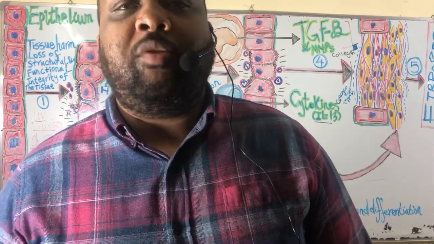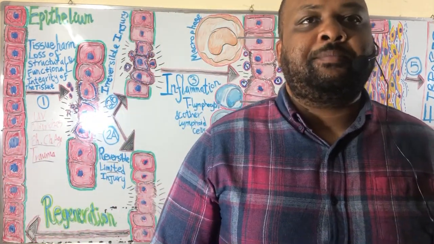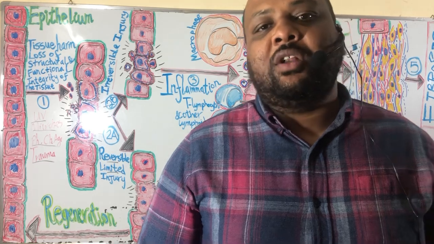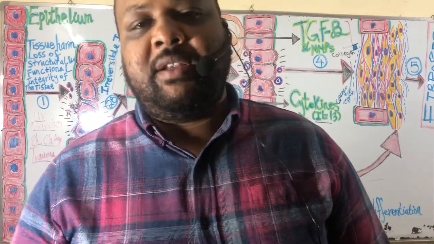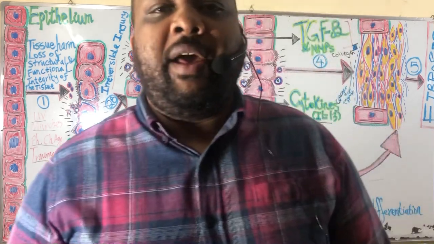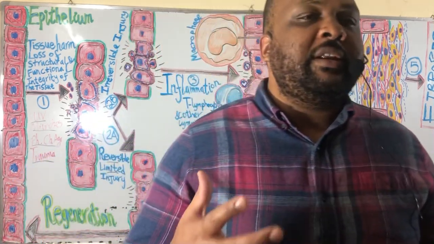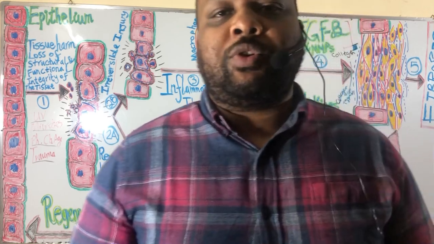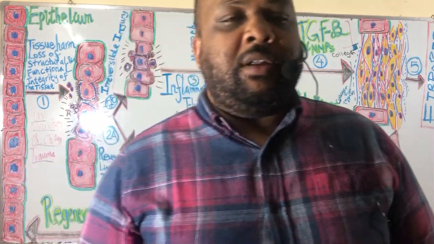And these fibroblasts that secrete collagen and respond to TGF-beta released by the macrophages, they need to be healthy. We need these cells. They need a source of energy, glucose.